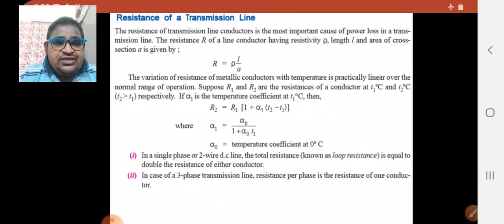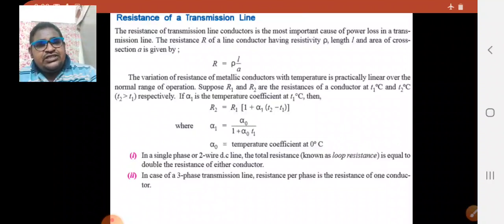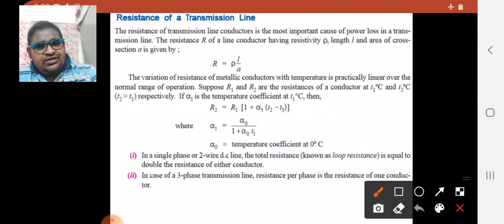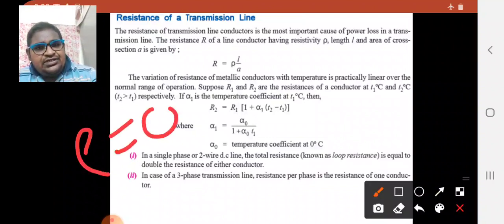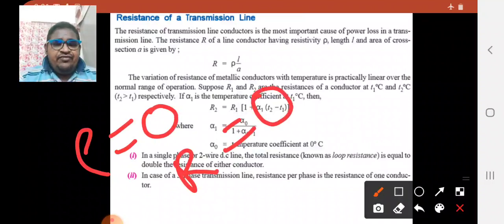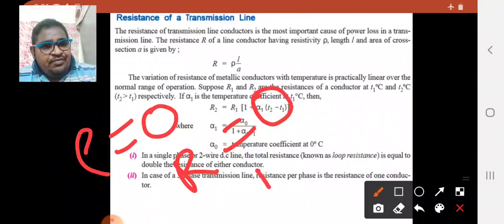And we know that the resistance of the transmission line depends on the length of the transmission line, the area of cross section, and the resistivity. Resistivity is indicated by rho. When rho is equal to 0, then R is equal to 0. When R is equal to 0, then the conducting material is called a perfect conductor.